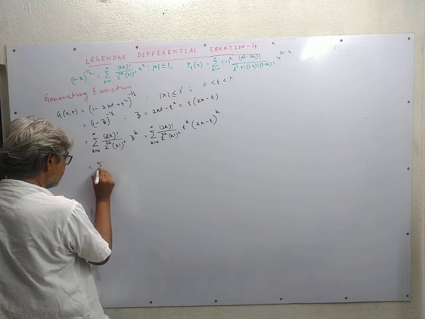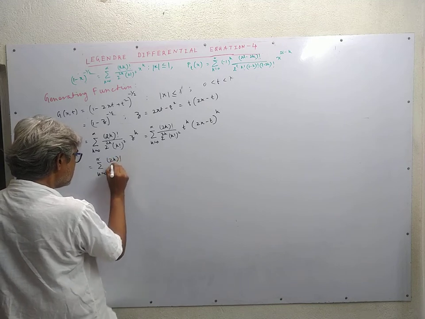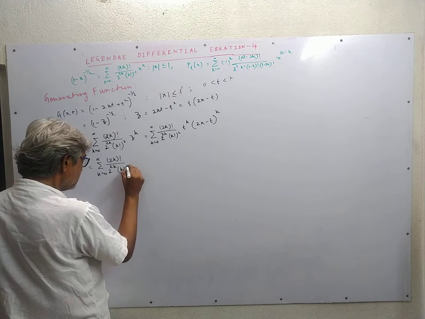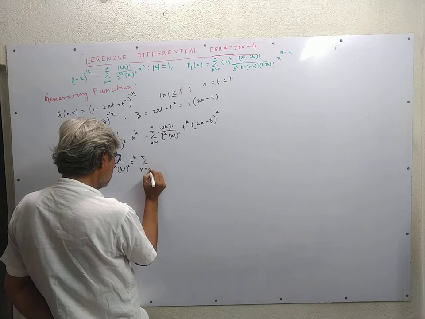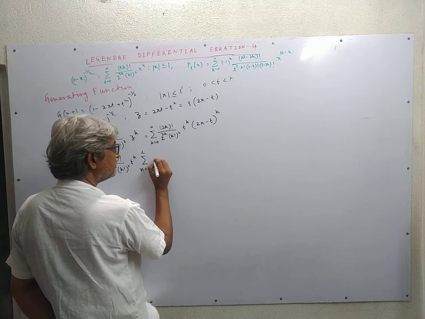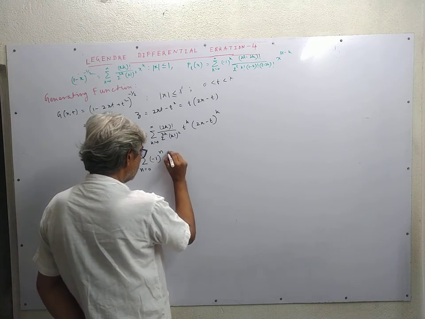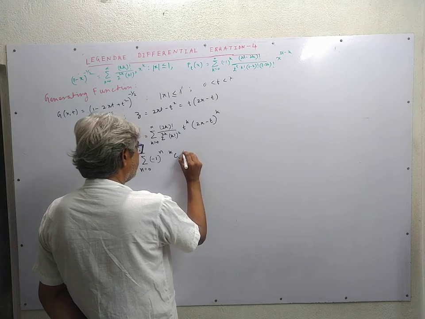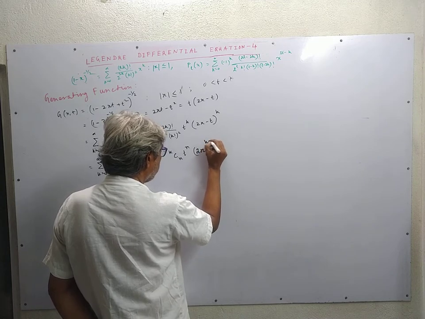So we rewrite it as, for this expansion, kCn, t to the power n, (2x) to the power k minus n.